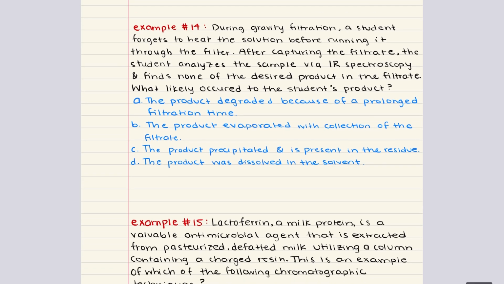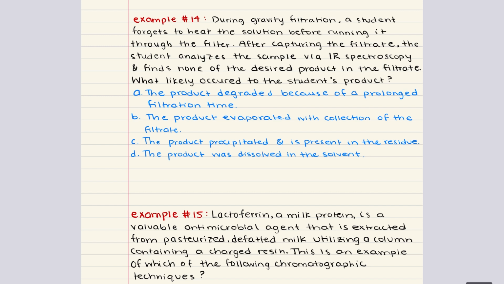Problem 14 says, during gravity filtration, a student forgets to heat the solution before running it through the filter. After capturing the filtrate, the student analyzes the sample via IR spectroscopy and finds none of the desired product in the filtrate.